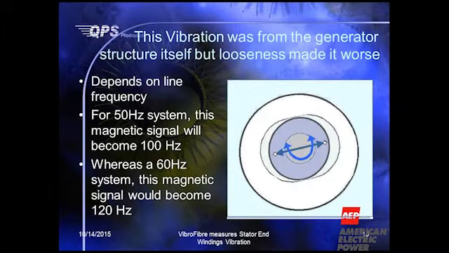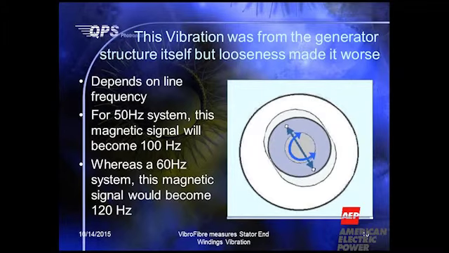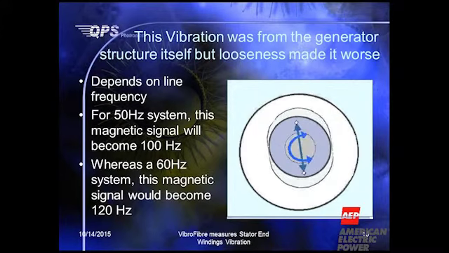There is a rotating part called the rotor, and there is a stationary part which interacts with it. There is an air gap. Magnetic forces are interacting between the rotor and the stator.